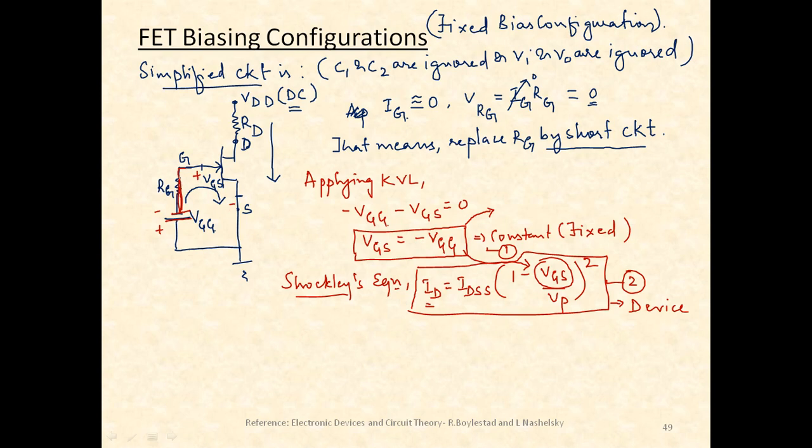Because we considered the effect of RG also, and only because it behaved as a short circuit we are not including it here. However, we considered everything with respect to the input loop, starting from the gate. So this is for the network. Now what information do we get from the network expression and from the device expression?